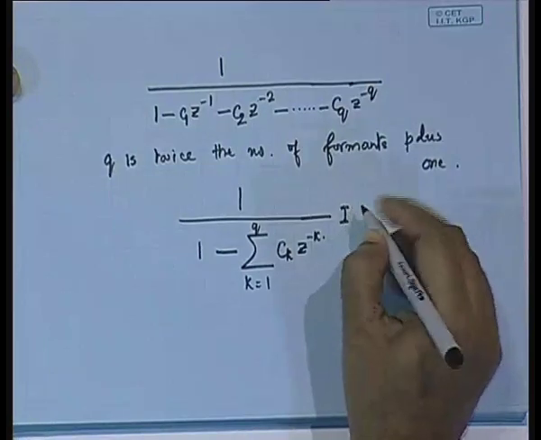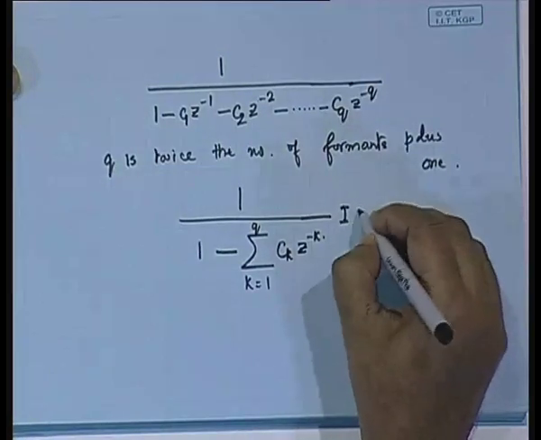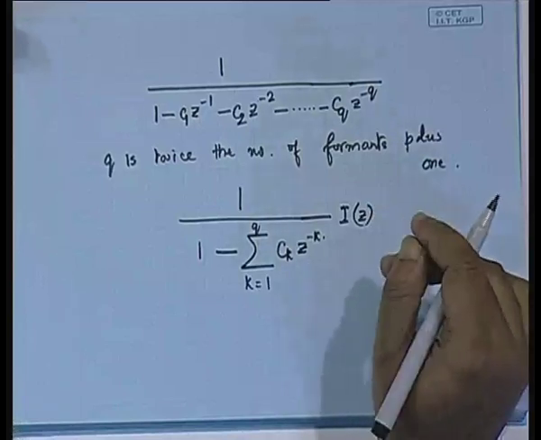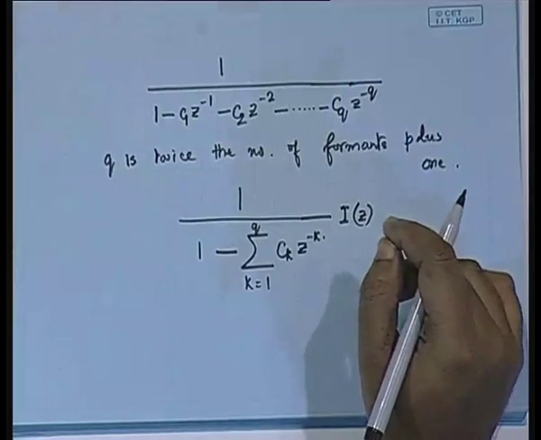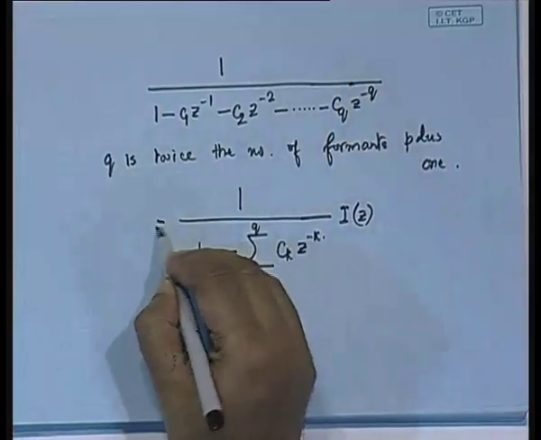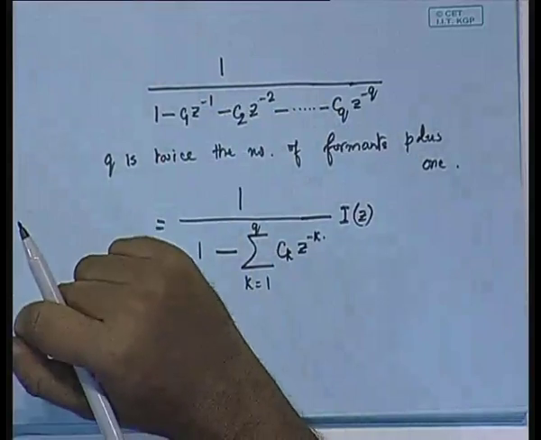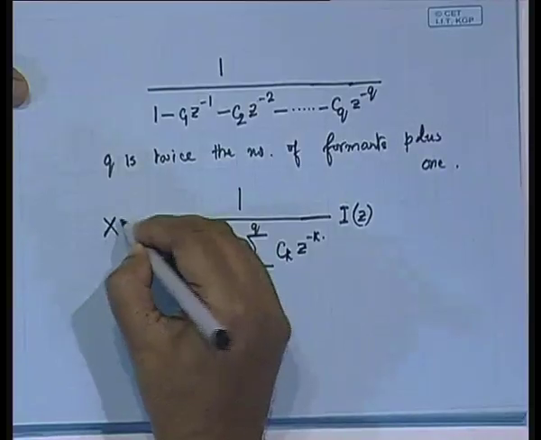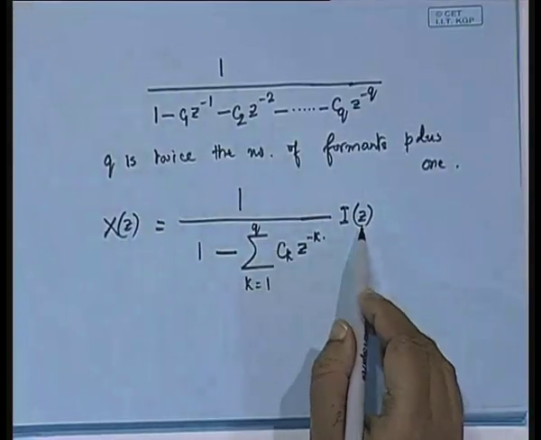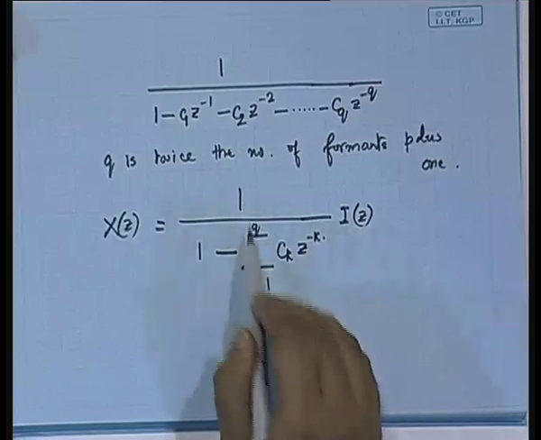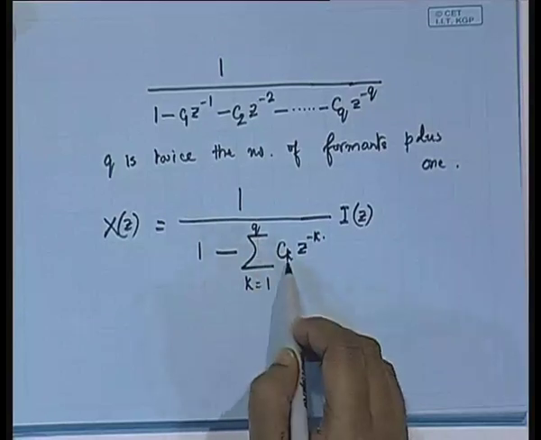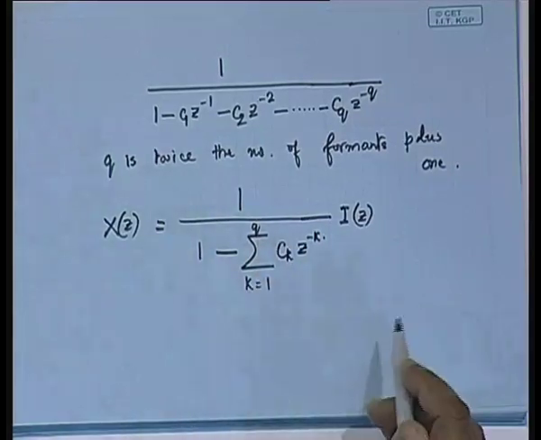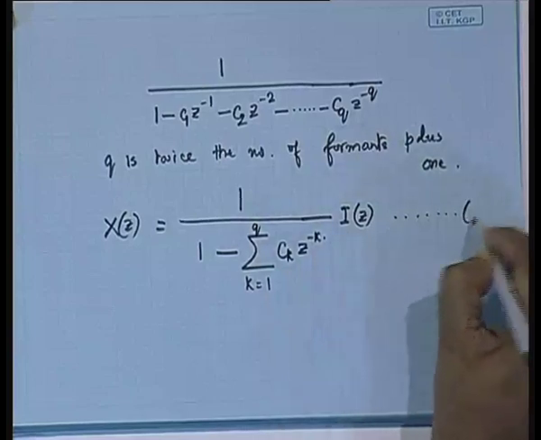We call its corresponding Z transform I of Z. So this is the Z transform of the impulse input to the vocal tract. And what is going to be the output? The output is going to be X of Z. So X of Z is related to I of Z as 1 upon 1 minus summation k equal to 1 to q of Ck z to the power minus k. Let us call this equation number 2.